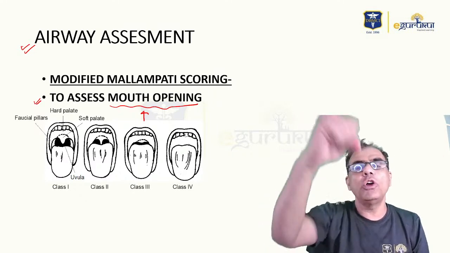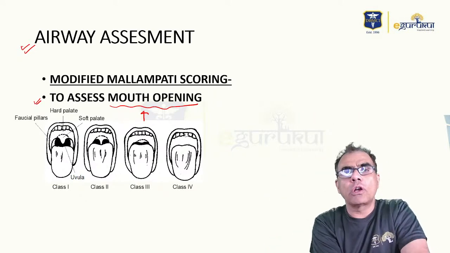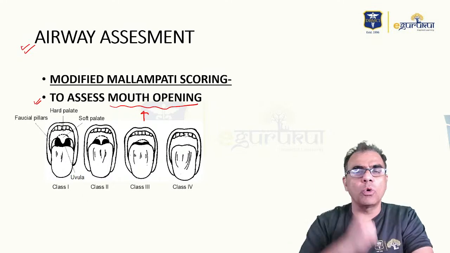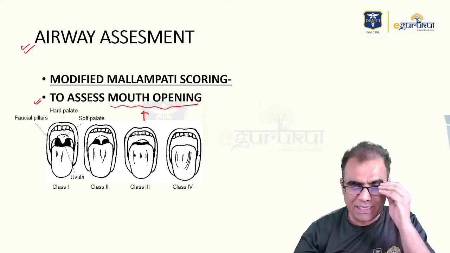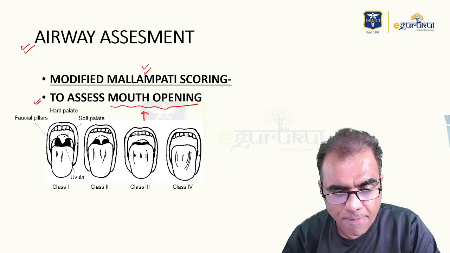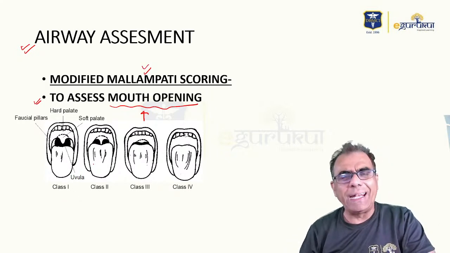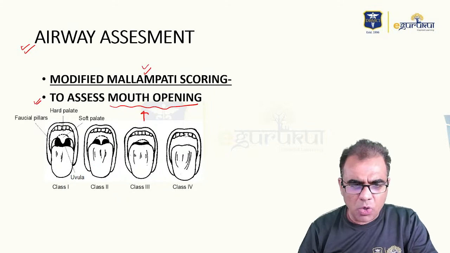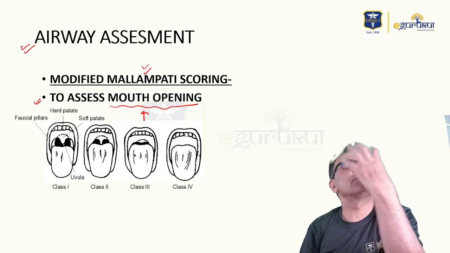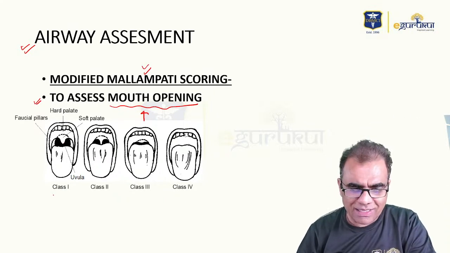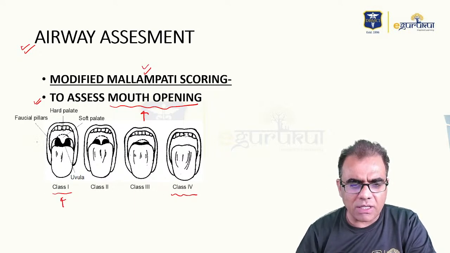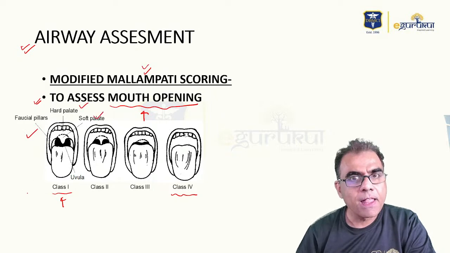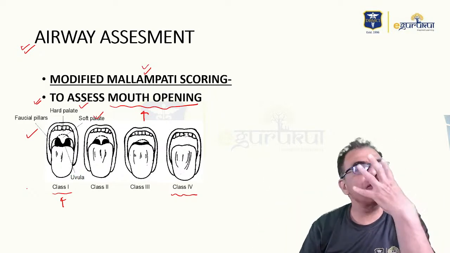Otherwise, how will you introduce your laryngoscope into the patient's oral cavity? This assessment of mouth opening is done by Mallampati scoring. You ask the patient to open the mouth as wide as possible, and looking at the structures seen, the patient is classified. Class 1 means all structures are seen, so oral intubation is easy, with enough space.